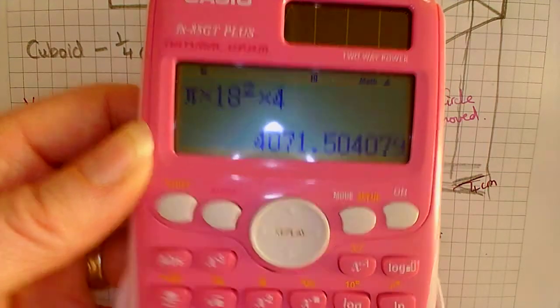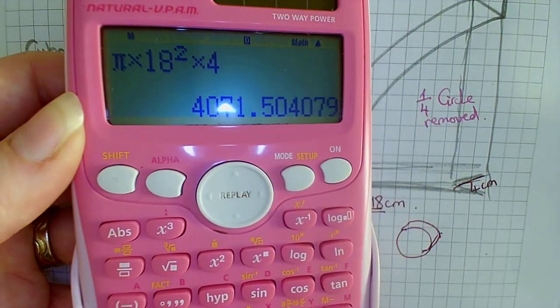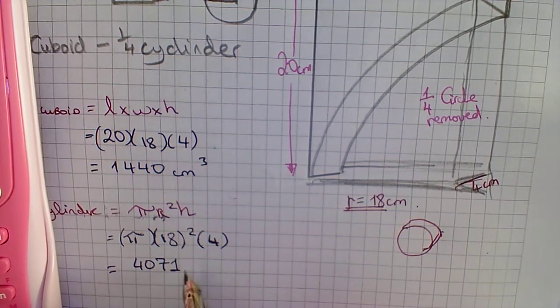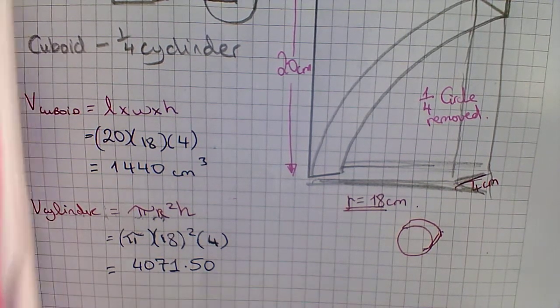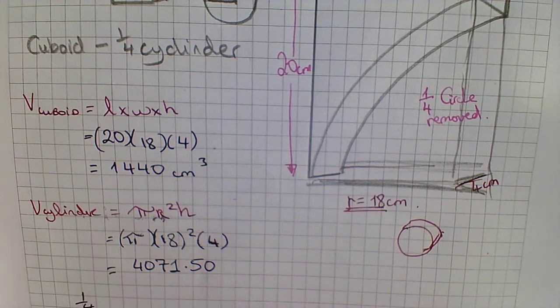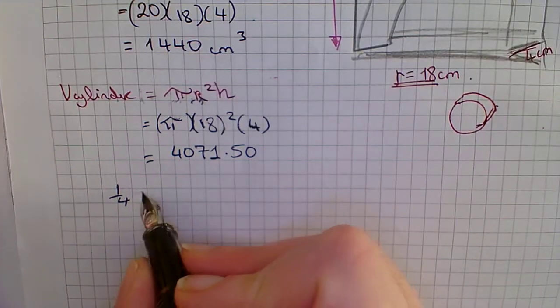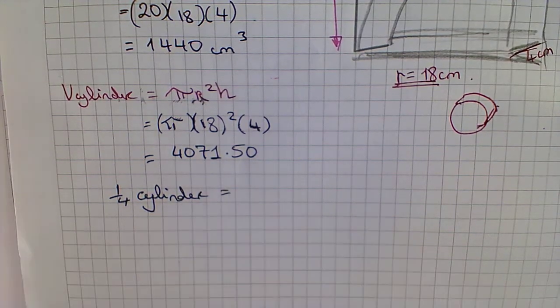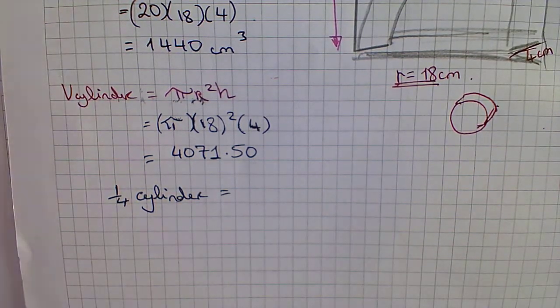And change that, we've got 4,071.50, and then therefore my quarter cylinder, I could have done the quarter at the same time. Sometimes it's a little bit easier to understand it if you do it like this.